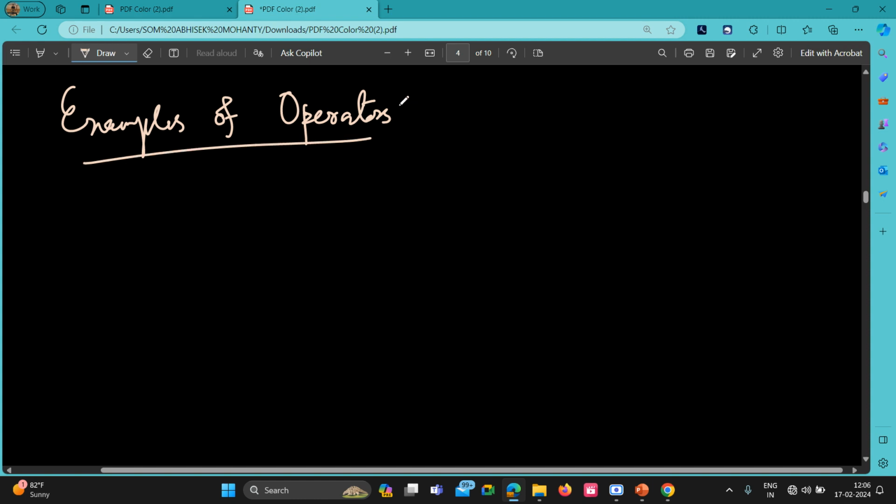Okay, let me write some operators that will be useful. Examples of some operators. So unity operator.